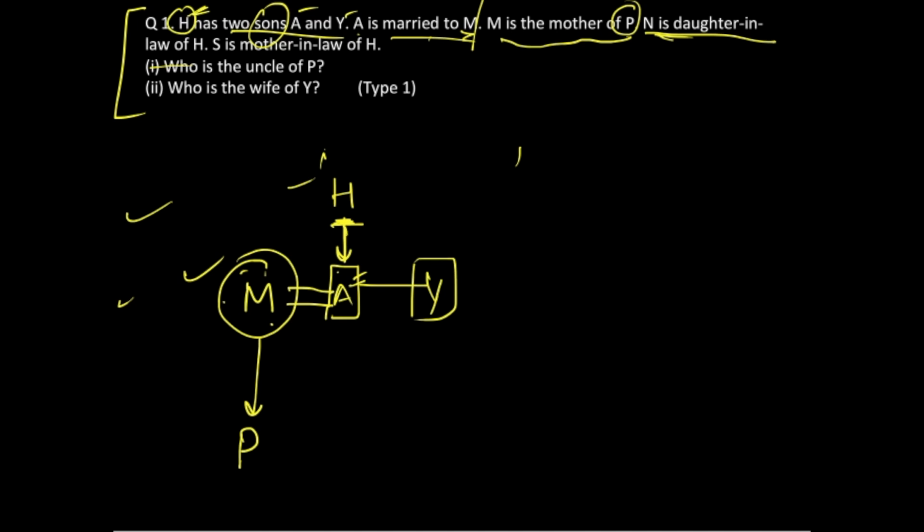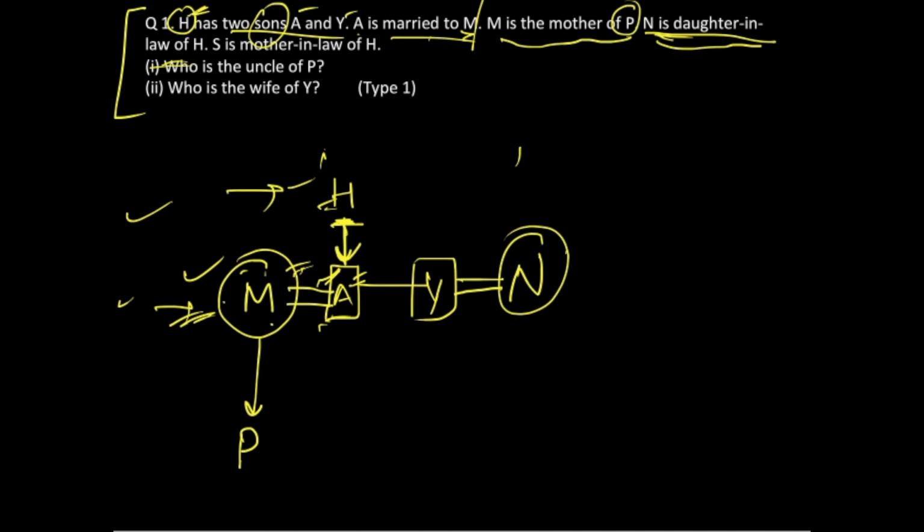Because this is his son, and the wife of A is going to be daughter-in-law of this H, the generation over here, right? Now it is said that N is also another daughter-in-law of H because M is already the first one. So she should ideally be married to Y. So you will write N over here, and since she is a female, you will draw a circle over here. So after the third step, you have reached this particular diagram.